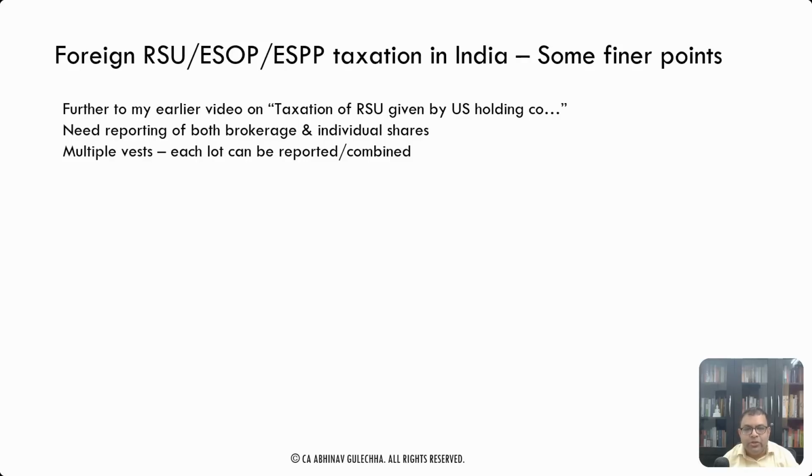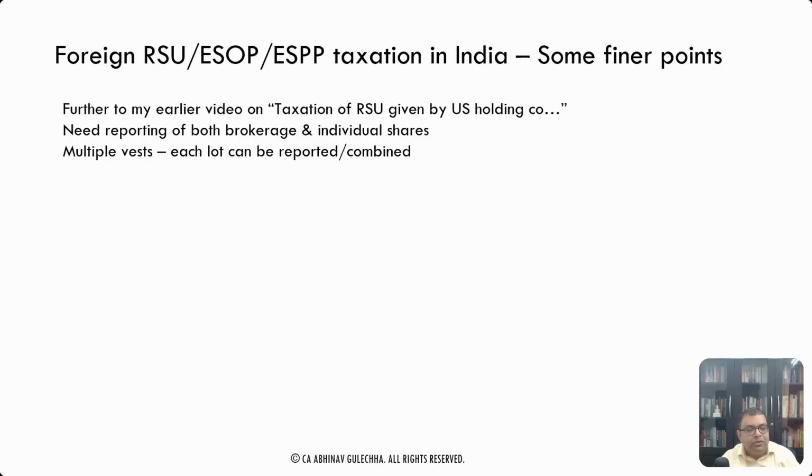First of all, this Schedule FA has no relation to your tax computation. A lot of people have this confusion that they are reporting something here, and then at the time of capital gain something can be questioned. No, it doesn't work like that. The basic intention here is to report the shares. Suppose you have 100 RSU shares, 25, 25, 25, 25, vested four times.